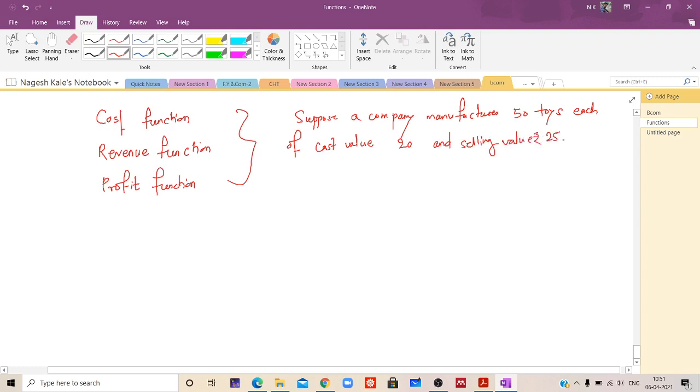Now this is a very simple example. Actually this example has to do nothing with our kind of functions, but I'm just trying to tell you what is the meaning of cost, revenue, and profit.